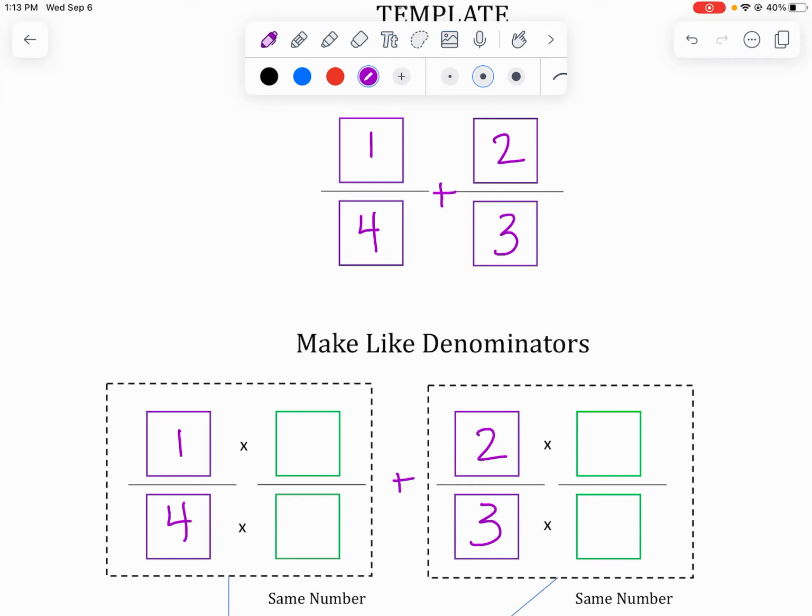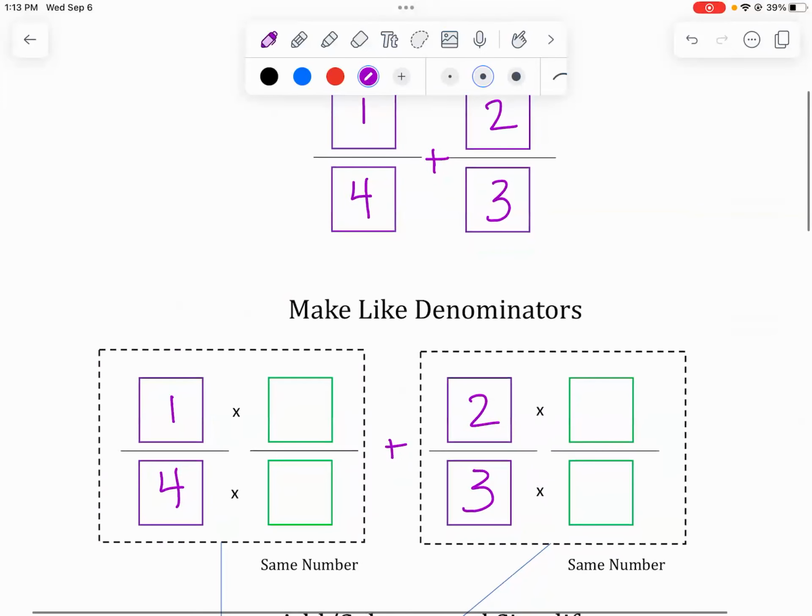Who can tell me what our common denominator is going to be? Jacob? 12. Right? How did he know that? How did you know that, Jacob? 4 times 3 is 12.